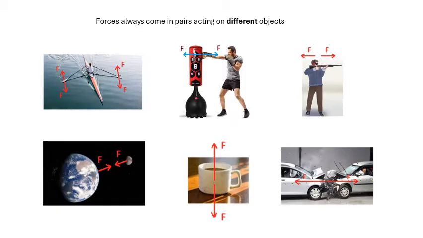Do you remember we talked about equilibrium and forces cancelling and stuff like that? It's nothing to do with that. Don't get it confused. This is when you've got two different objects. If one of them exerts a force on the other, then the other exerts a force on the first object. Let's look at these examples.